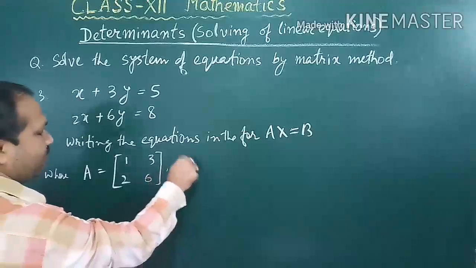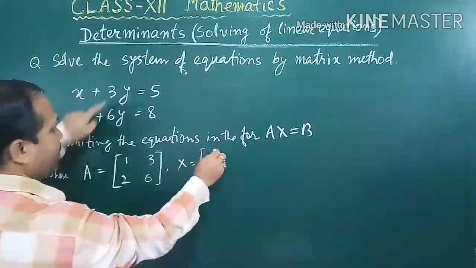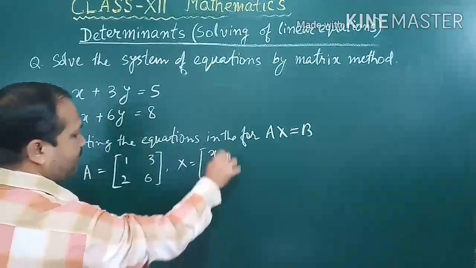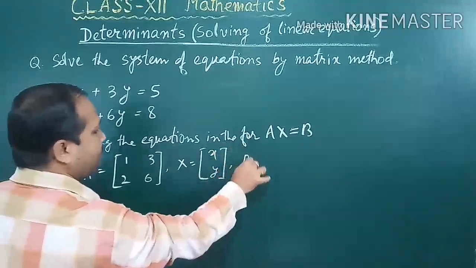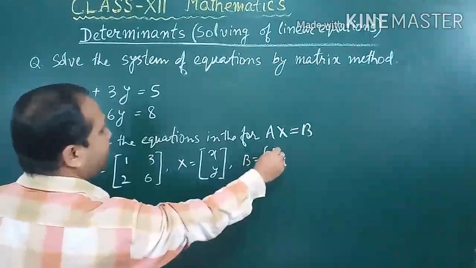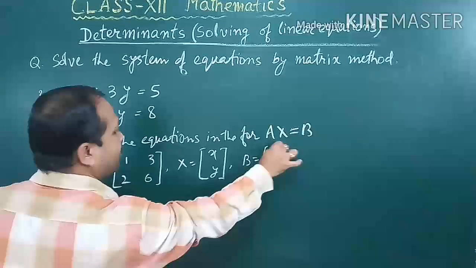X is equal to, here 2 variables x and y, and B is equal to 5 and 8.